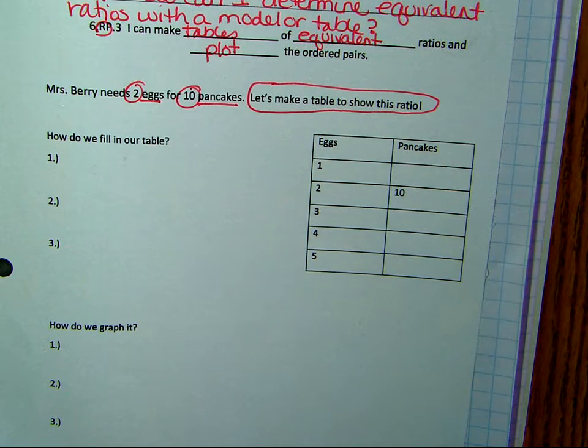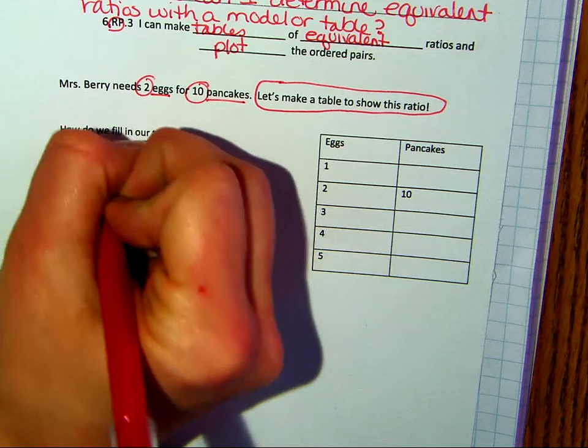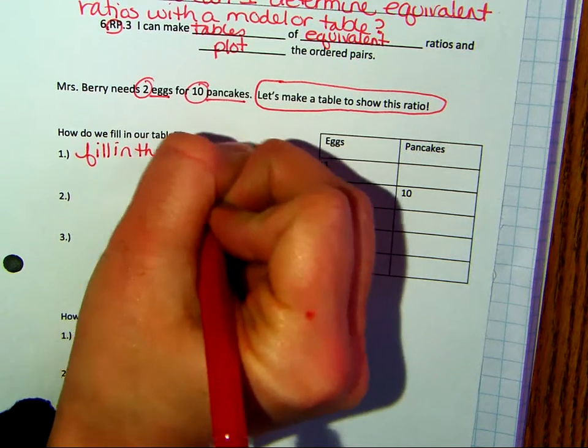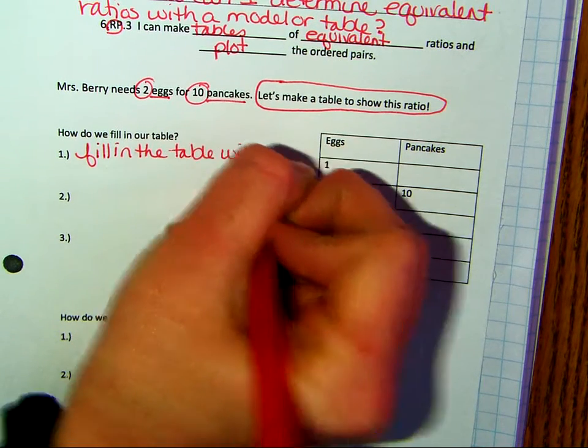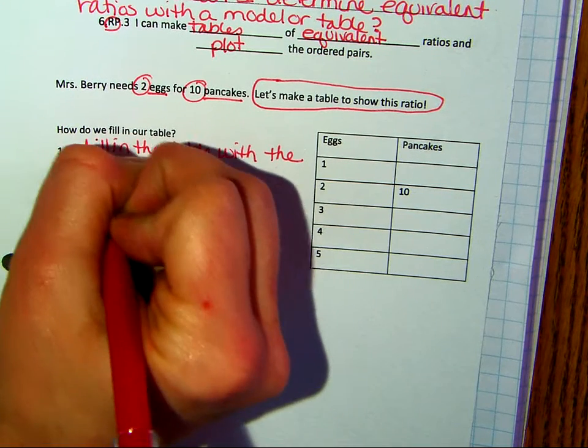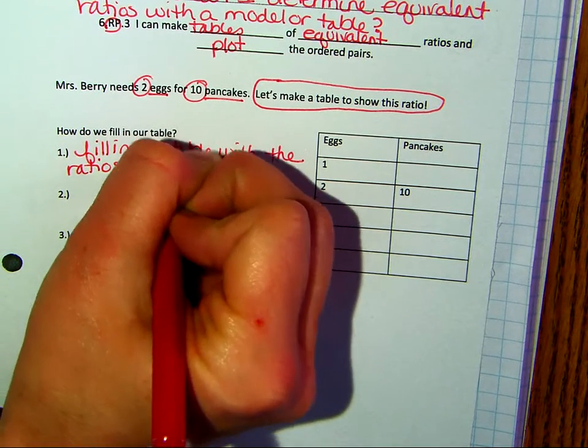Okay, when we get this information, in order to make a table, the first thing we're going to do is fill in the table with the ratios we know.